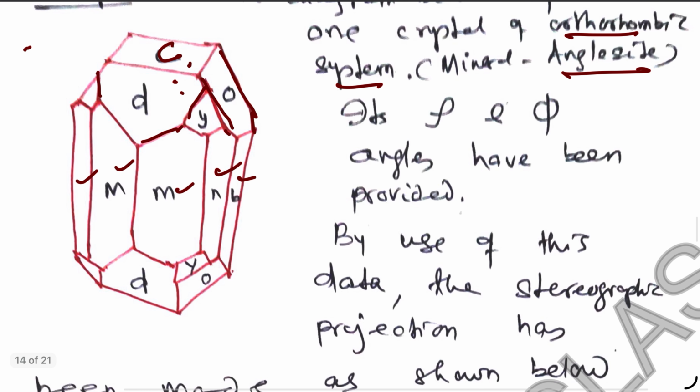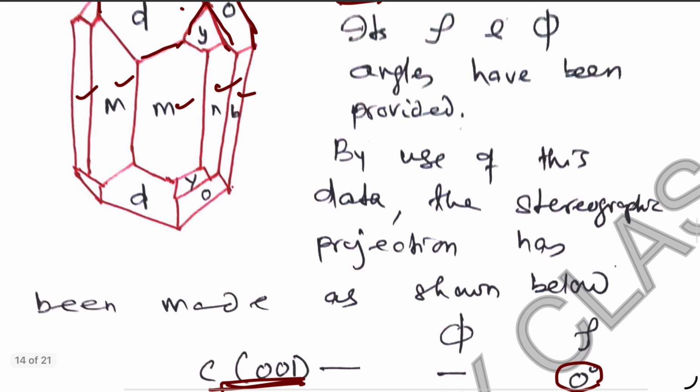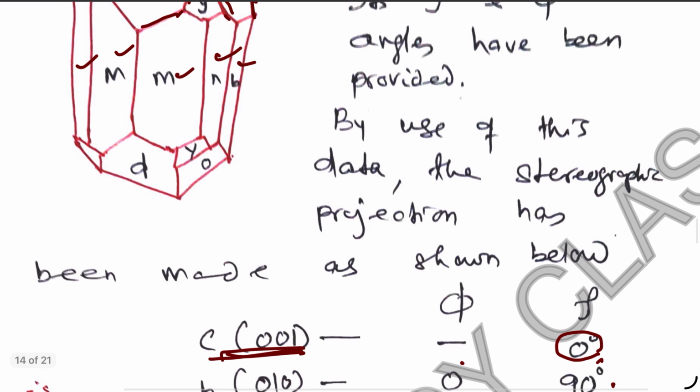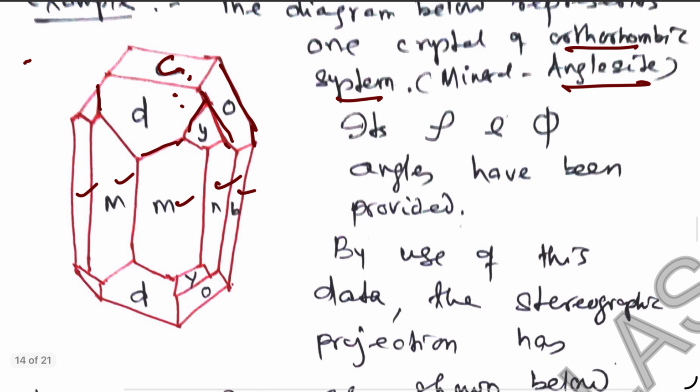Let us see this basal pinacoid. This face has rho 0 degrees, because rho is measured with respect to this axis, the C axis. The line joining this face with the north pole makes how much angle?